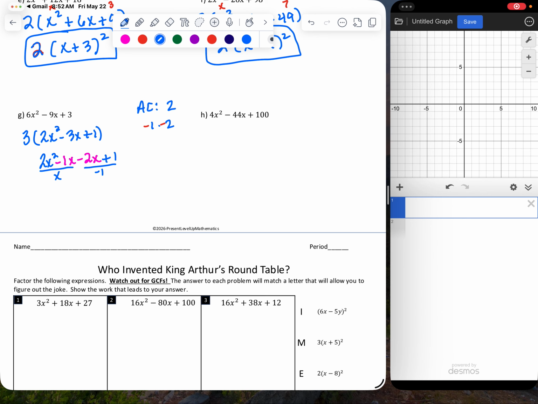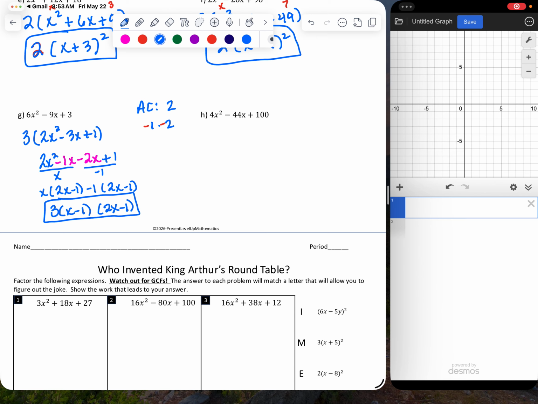All right, so I'm taking out an x from my first group, which would leave me 2x minus 1. I'm taking out a negative 1 from the second group, which would leave me 2x minus 1. I have matching binomials, so take your greatest common factors, x minus 1, and then write your common binomial. And then put that greatest common factor that we found from the beginning in the front.